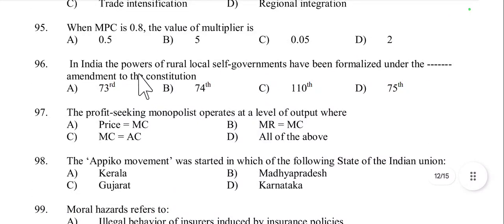Then question number 96, in India the powers of rural local self-government have been formalized under which amendment to the constitution. It is formalized under the 73rd amendment. So option A is right here, 73rd.